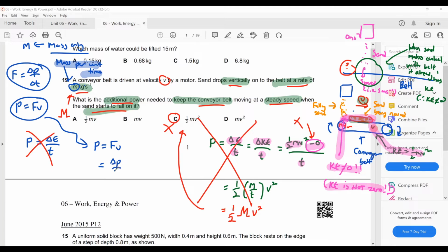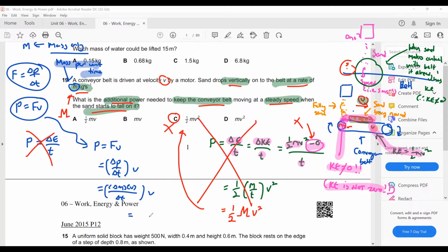Momentum is mv, so the change in mass times v divided by t.